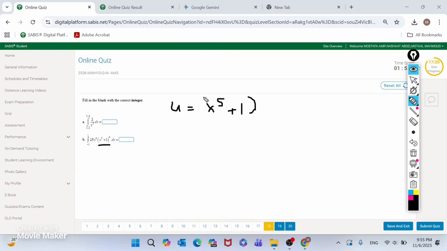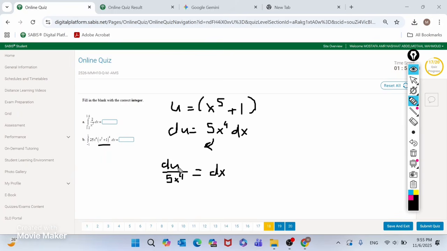This is u. Okay? du equals 5x to the power of 4 dx. Now you take this here. So dx, so then du over 5x to the power of 4 equals dx.